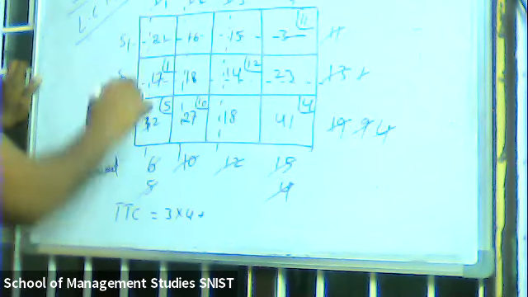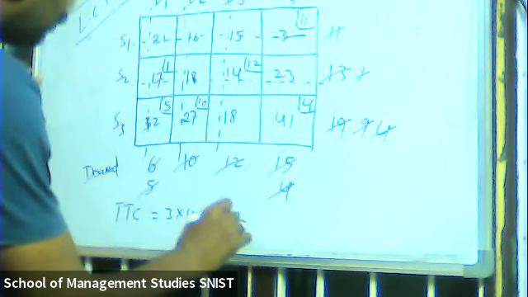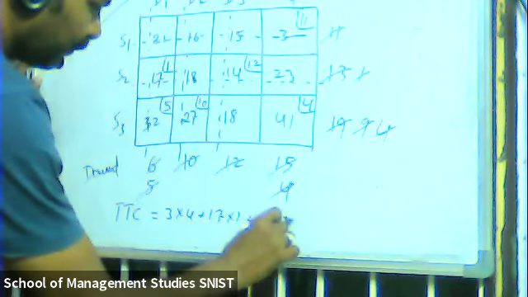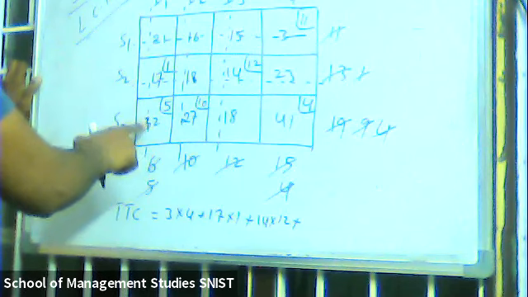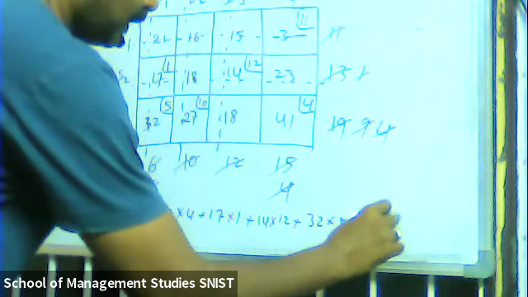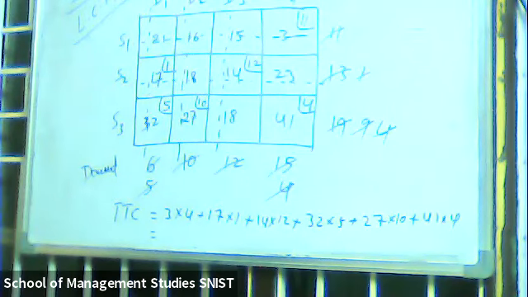X14, which is 3 into 4, and again we got X21, which is 17 into 1, plus X23, 14 into 12, plus X31, which is 32 into 5, plus 27 into 10, plus 41 into 4. The answer, any one of you? $791, sir.